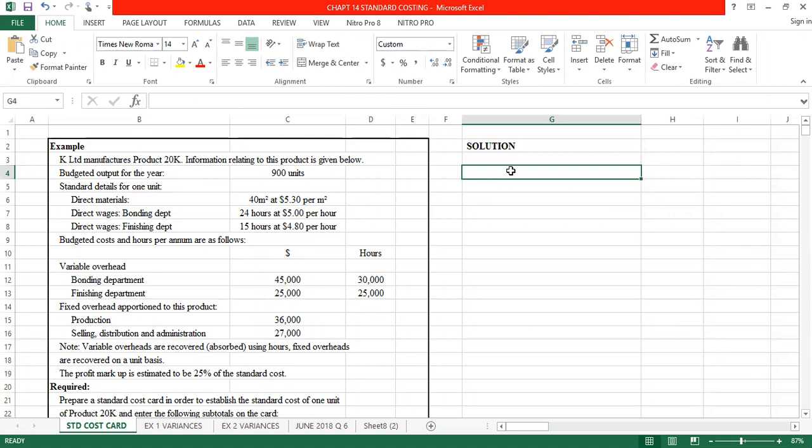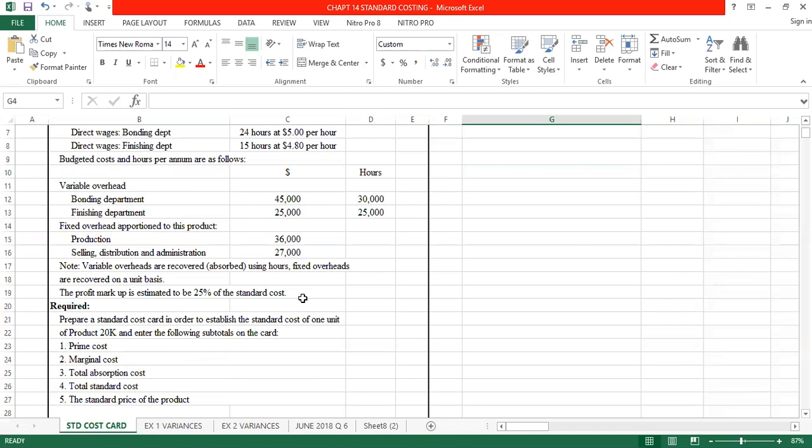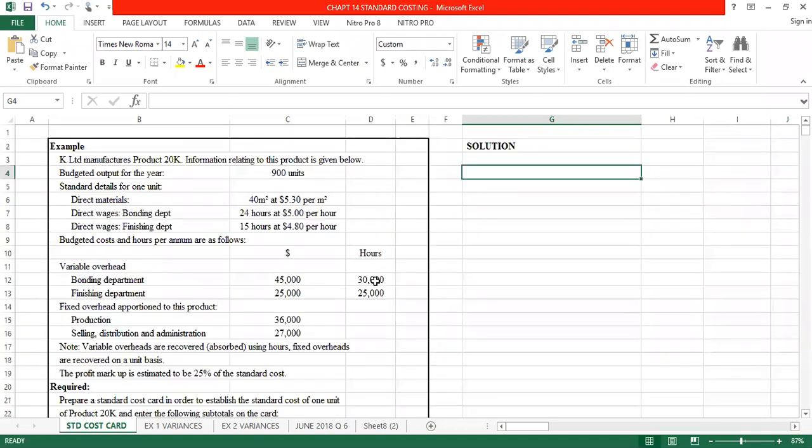Okay, the question reads, I always start with the required. Prepare the standard cost card in order to establish the standard cost of 1 unit of product. That is the question. So solution, we are preparing KK Limited standard cost card.